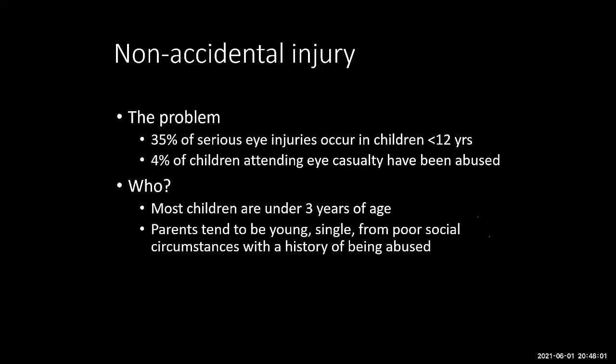So you need to be very careful in taking the history, because if you don't take a proper history, you'll be exposing this child again to the same kind of environment, and then the child may come back with a more severe injury even elsewhere. Now, who is affected?